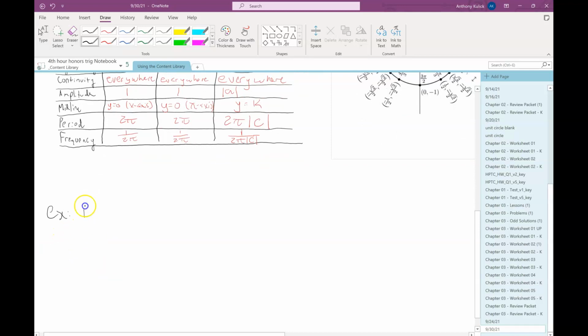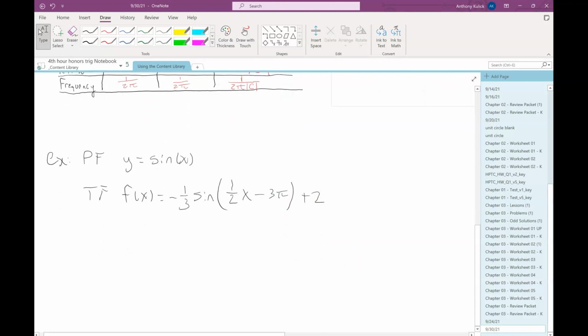So let's say that our parent function is y equals sine x, and our transformed function is, actually, let's do +1 here.